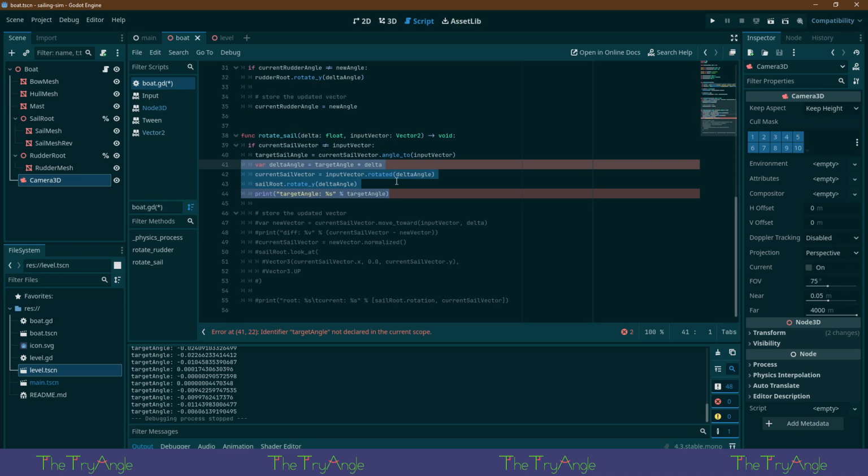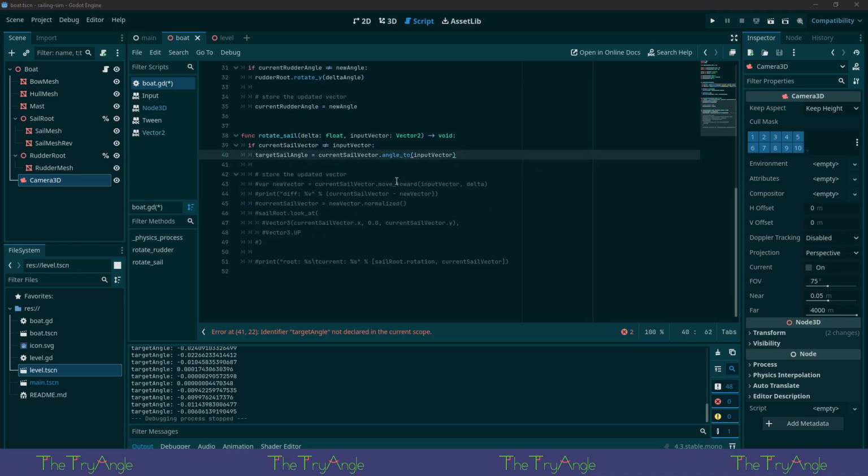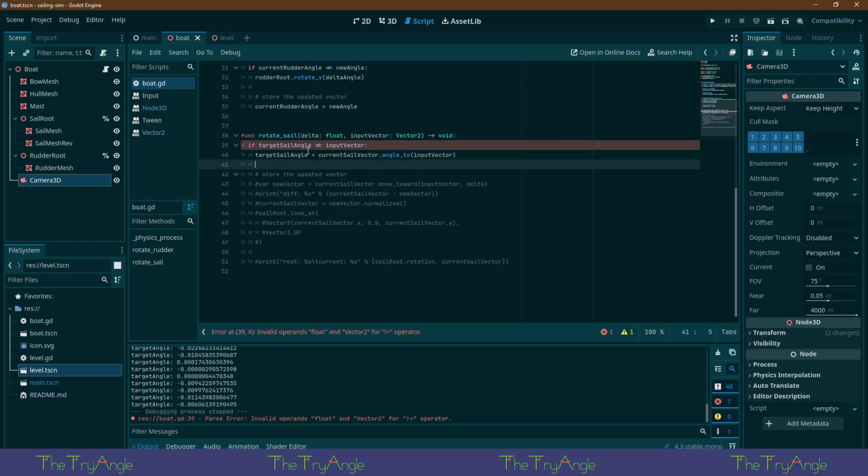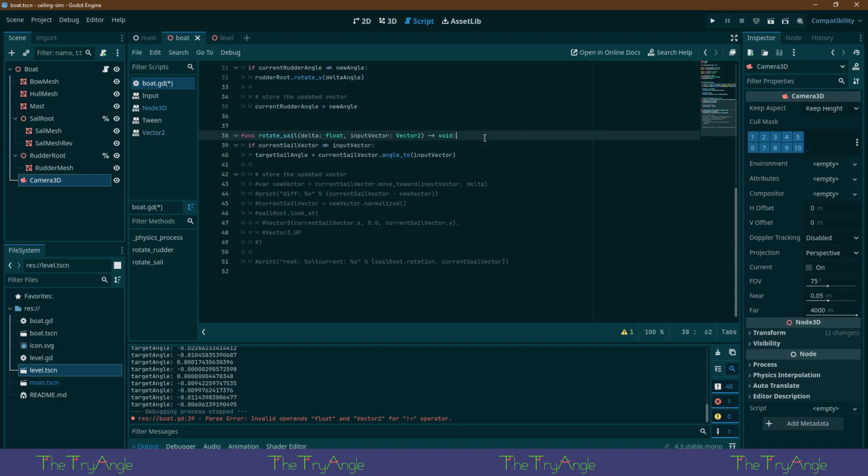And then let's say if the target sail... Oh. Actually, input vector.